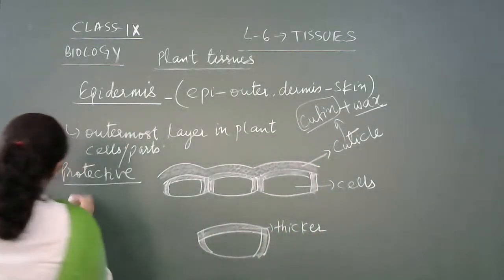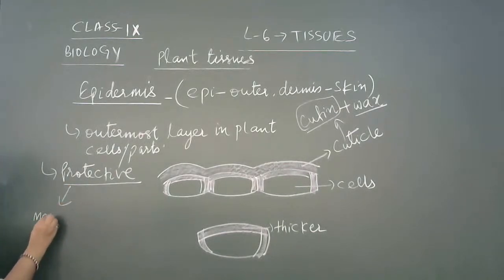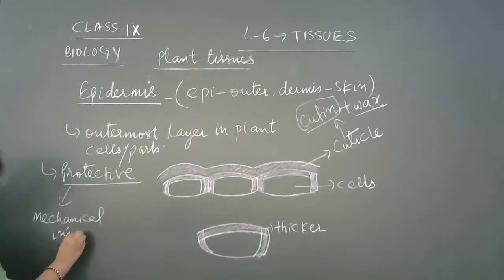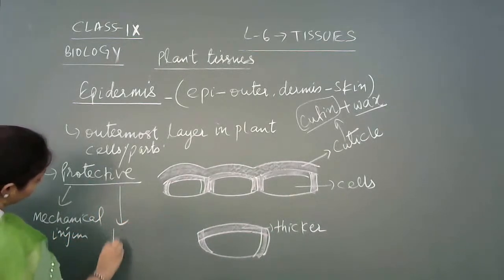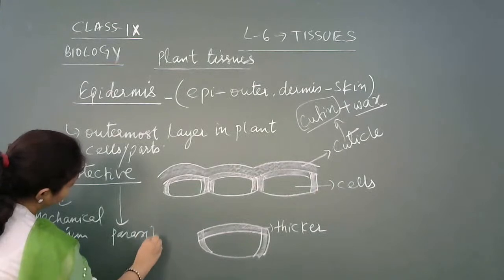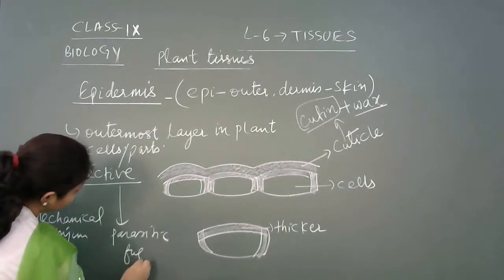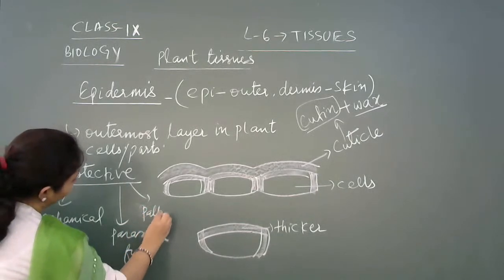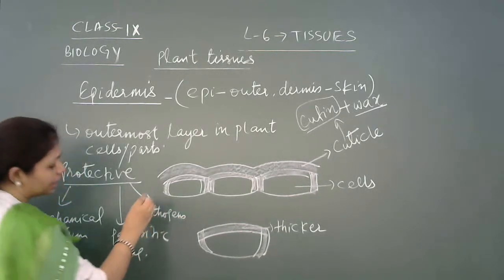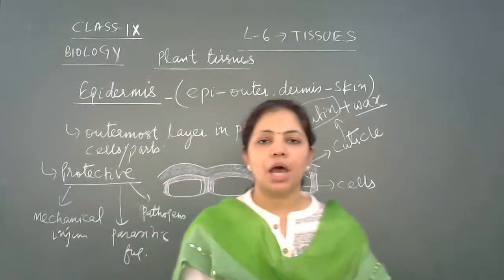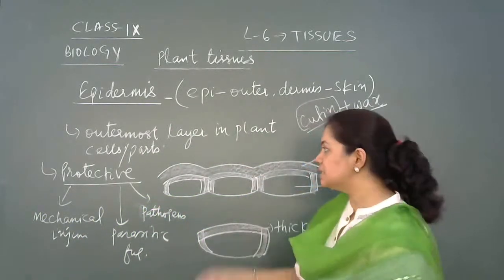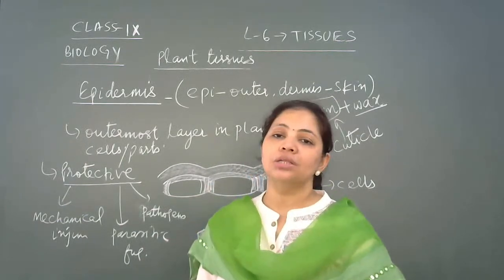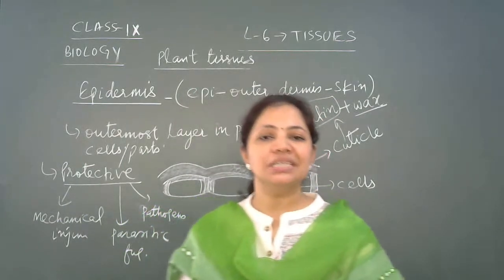So I gave you certain points, that is to protect from mechanical injury, right? Then invasion by parasitic fungi, and if there are certain pathogens which are trying to harm the plant, to some extent it is the epidermis which is going to protect the plant from all these kinds of unwanted things.